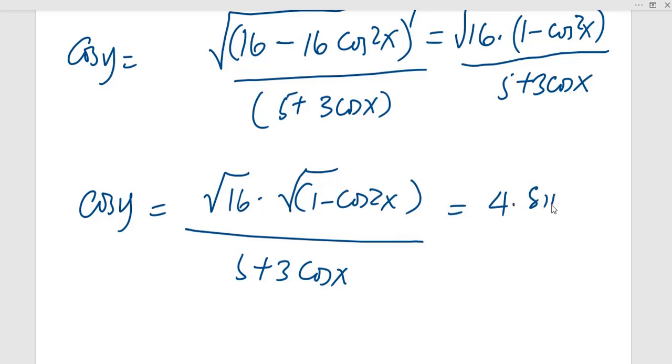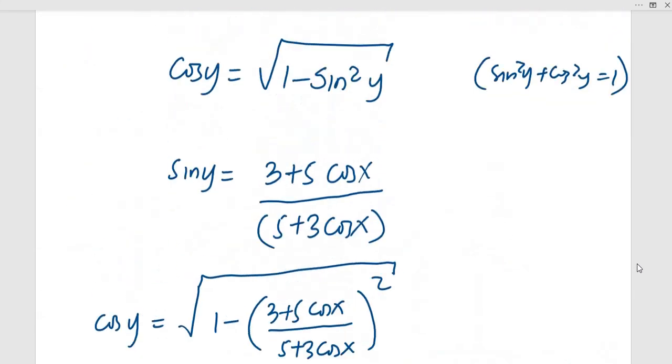Then times, we know this one is also the same as sine, because we said if cos y is equal to the square root of 1 minus sine squared y, then this is the same thing. So the square root of 1 minus cos squared x will actually be sine x. So multiply by the square root of 16, this becomes 4 sine x divided by 5 plus 3 cos x.